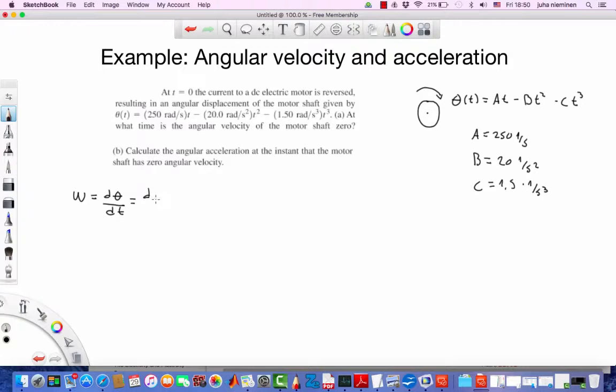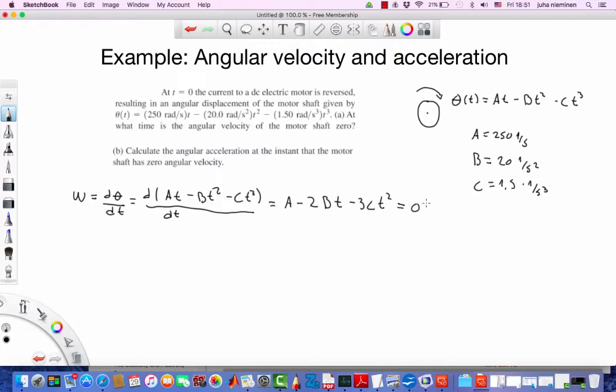So when we take the derivative of this, a t minus b t squared minus c t to the third power over dt, we get a minus 2bt minus 3ct squared.